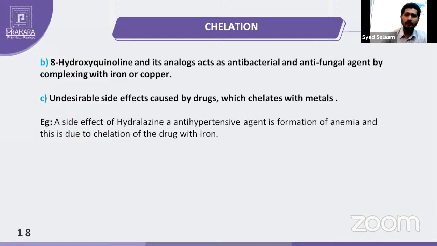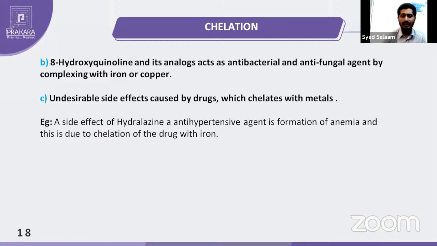Here we have examples like 8-hydroxyquinoline and its analogs. These have antibacterial and antifungal properties, and that happens due to the formation of complexes with iron or copper. Okay, so the formation of chelates with iron and copper by 8-hydroxyquinoline is due to this chelation.